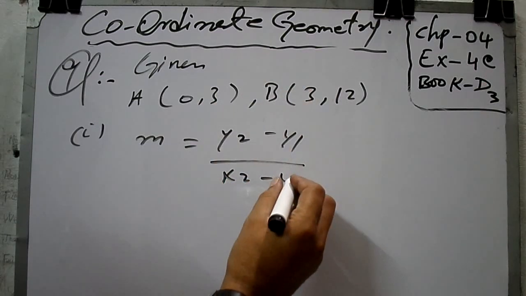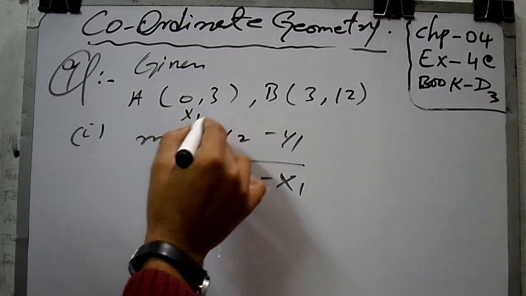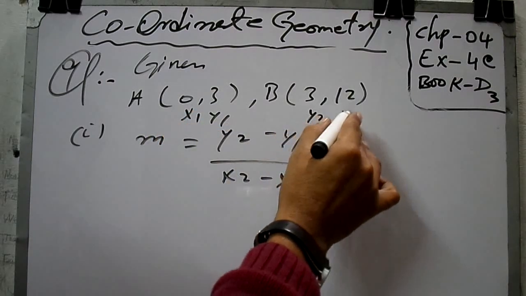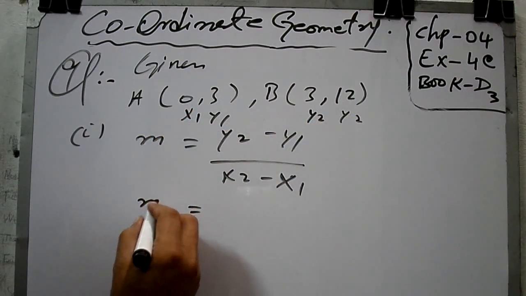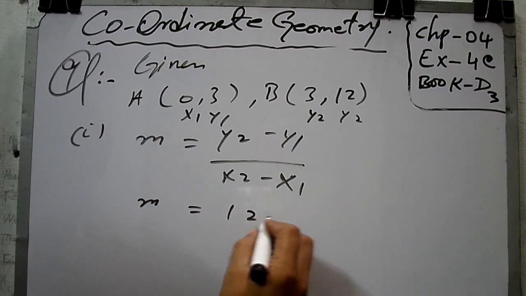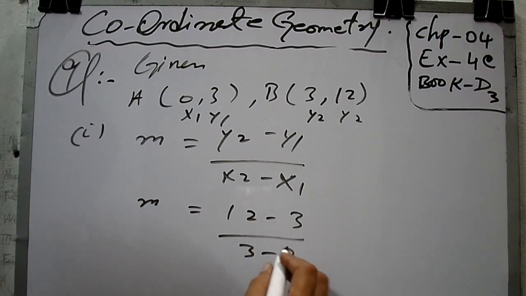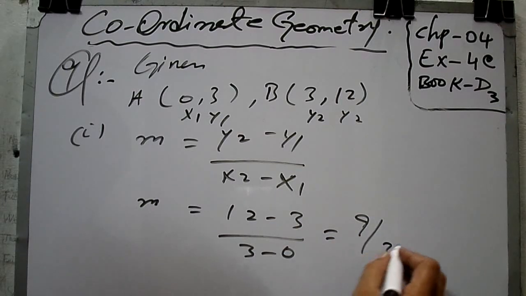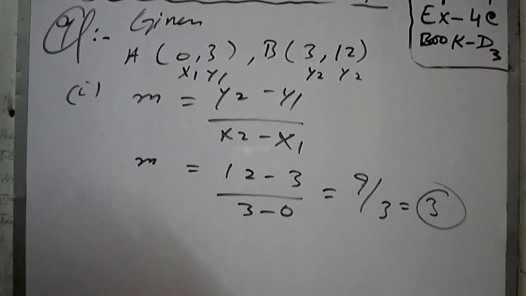So this is your x1, y1, x2, y2. Putting the values to calculate the slope, 12 minus 3 over 3 minus 0, 9 by 3 is equal to 3. So 3 is your slope.